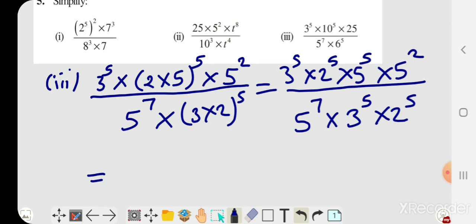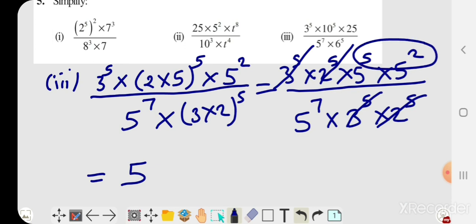At first I am writing 2. Here 2 raised to power 5 and in denominator there is 2 raised to power 5. So it is directly cancelled. No need to think. Then 3 raised to power 5 is cancelled by 3 raised to power 5. Only the terms of 5 are remaining. Now these two are in multiplication, so powers will be added.